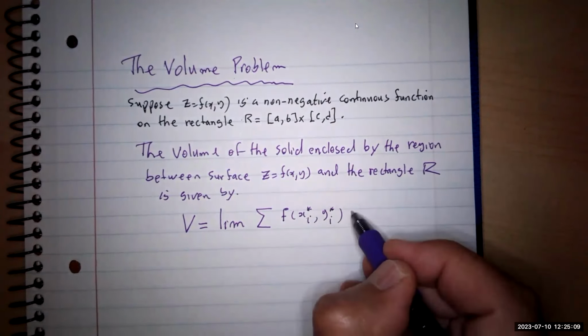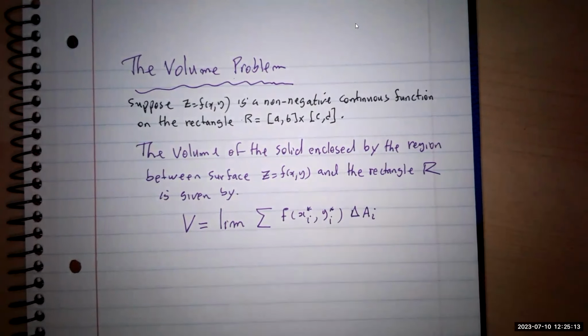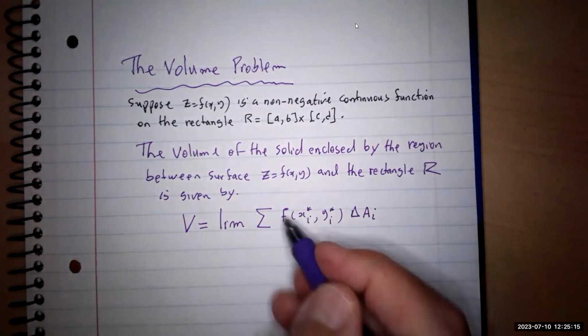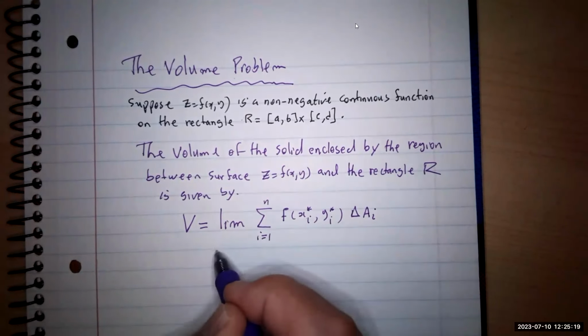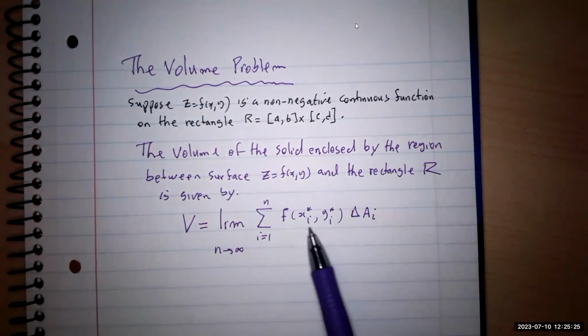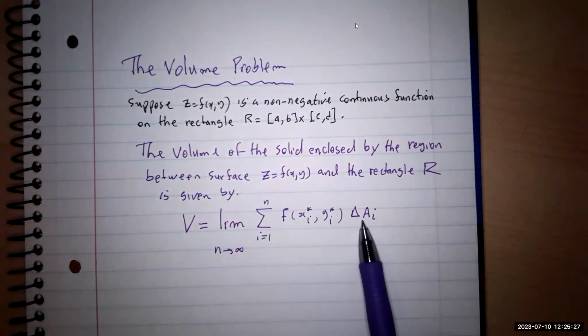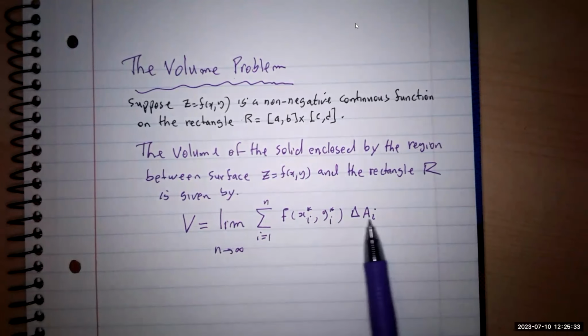Then delta Ai, which is the differential of the area this time, i equal to 1 to n, and then n goes to infinity. Remember each portion was a solid, a box. So the volume of the box is the area of the cross section times the height. This is the height, and that's the area.